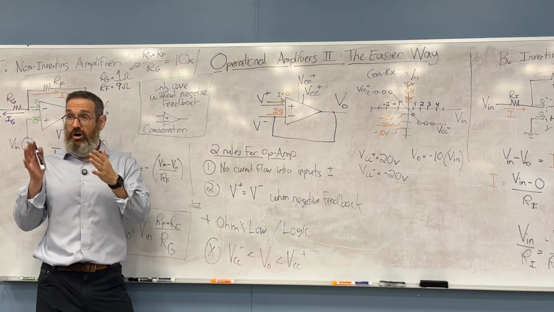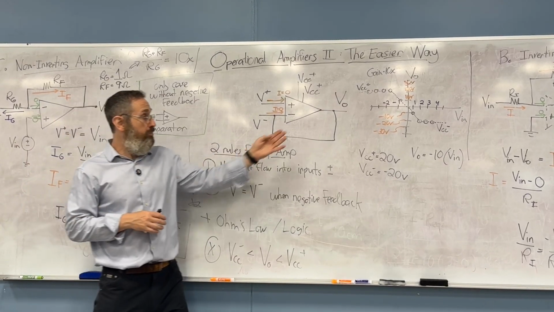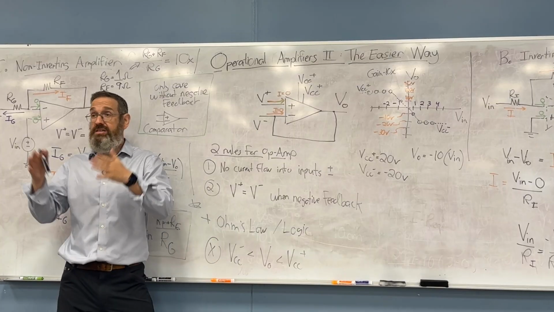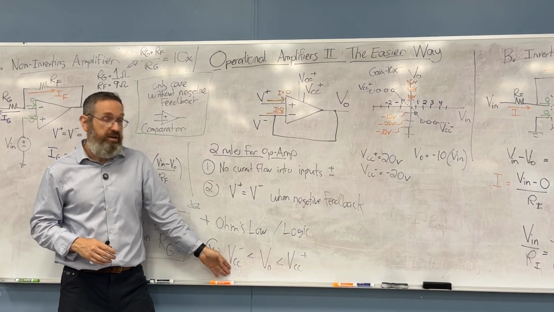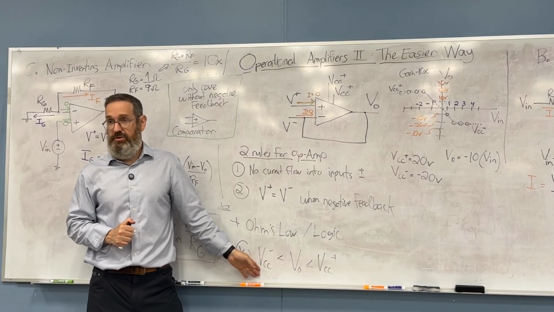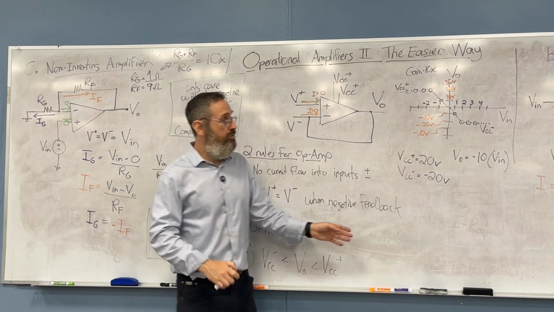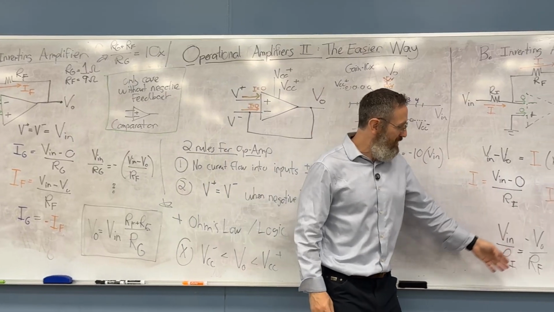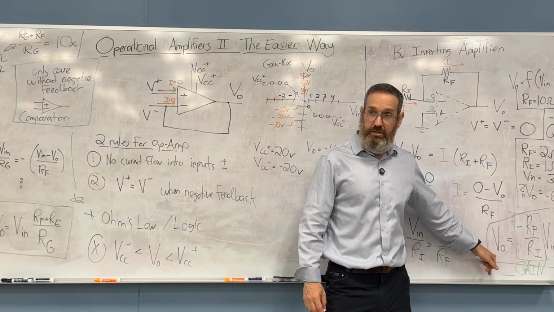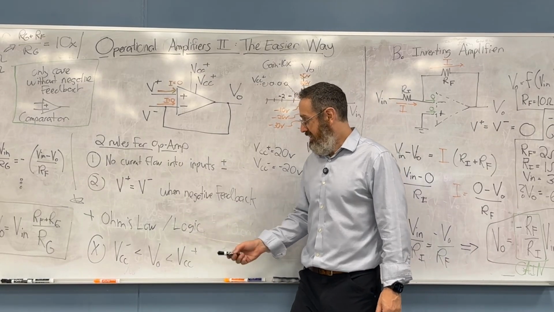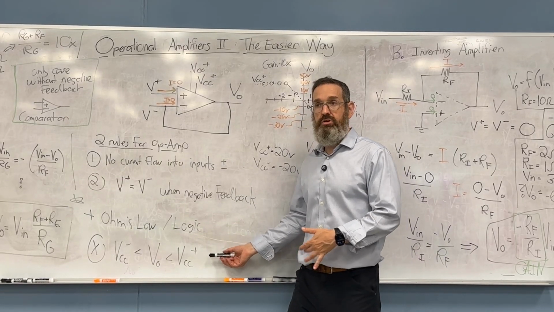When you are building op-amp circuits, your output cannot break across these guardrails. You can say, well, that didn't come up in this equation or that one. No, it didn't. It's just a rule.